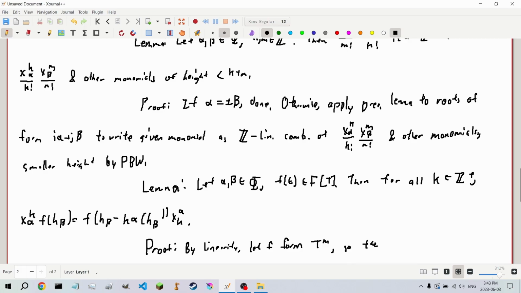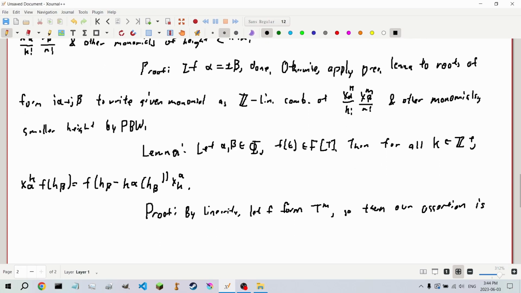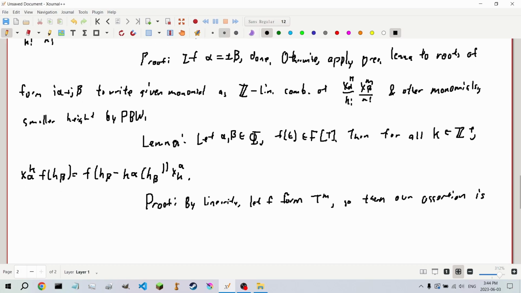So then our assertion becomes saying that X alpha to the k times f of h beta, which is h beta to the m, is f of this thing inside, which is h beta minus k times alpha of h beta, and this is being applied to f, so in our case this is assumed by linearity to be the power of m, and this is going to be X alpha to the k.